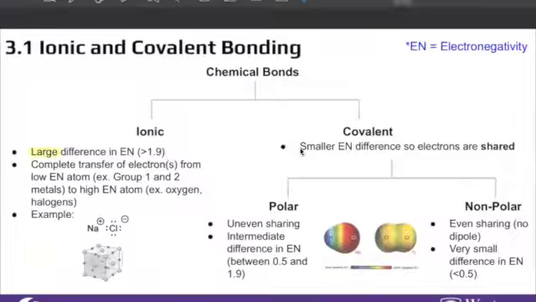Another key thing to know about ionic bonds is that they involve a complete transfer of electrons. You can see in my example here, which is NaCl, there is an ionic bond between these. The one electron that's usually around sodium has been transferred to chlorine.